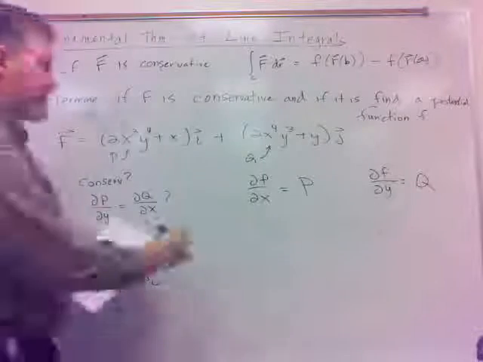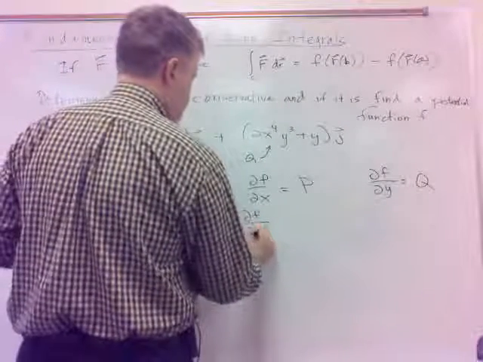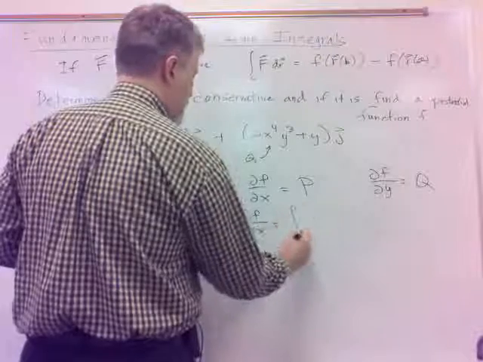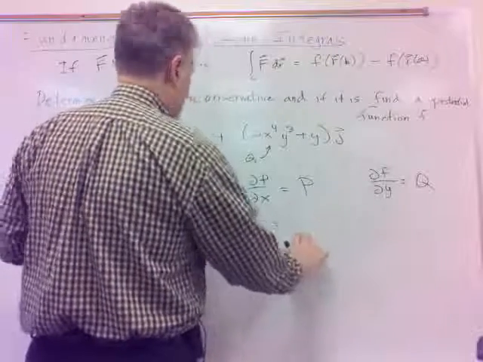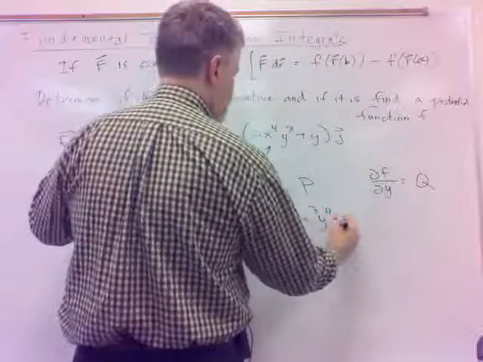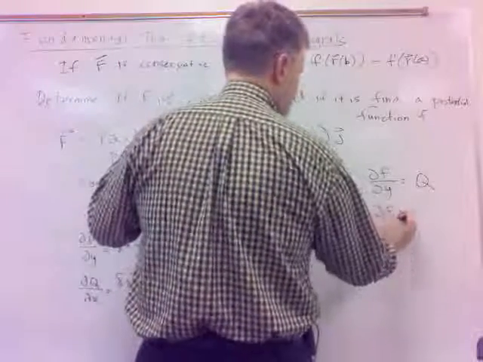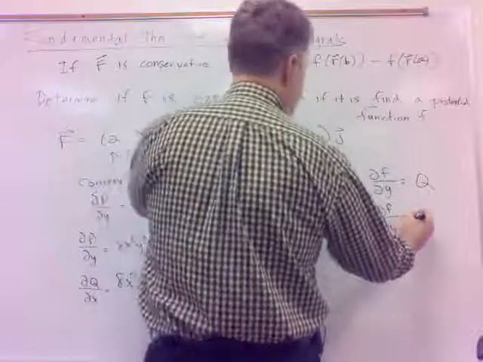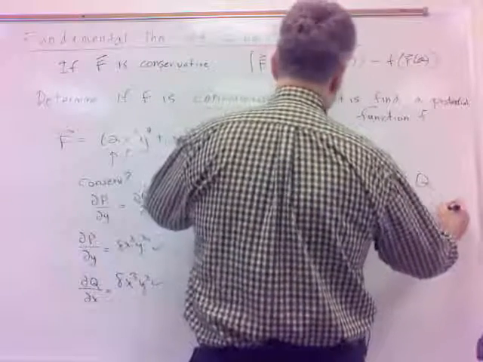This would say the partial of f with respect to x equals P, that'd be 2x cubed y to the fourth plus x. And this would say the partial of f with respect to y equals Q, so that equals 2x to the fourth y cubed plus y.